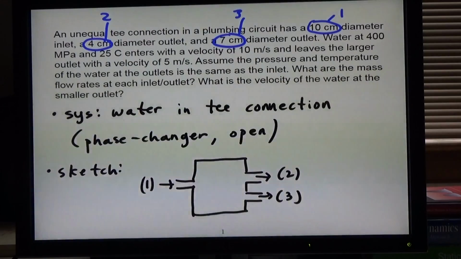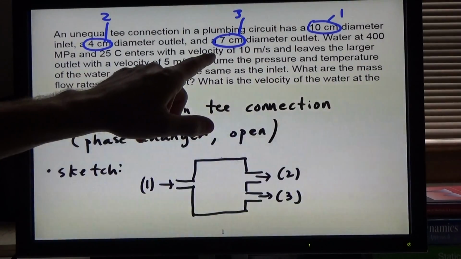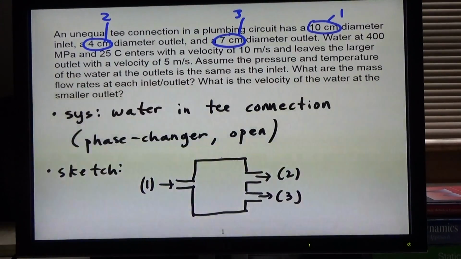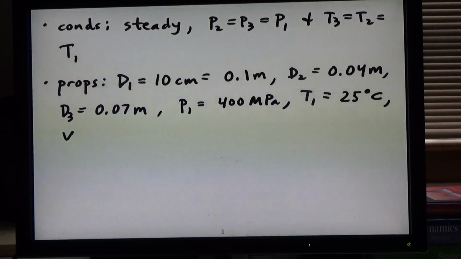Those are inlet conditions. It also says that the inlet velocity of the water is 10 meters per second. So we'll mark down the inlet velocity V1 is equal to 10 meters per second.